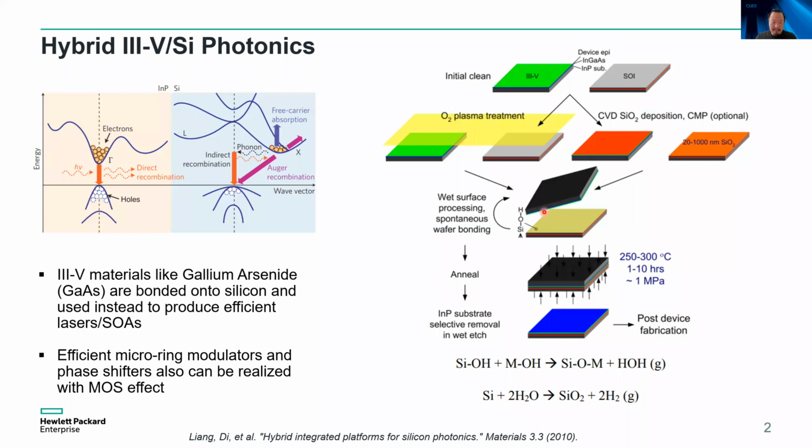That creates highly reactive OH bonds, and then you place the two wafers together. You do thermal compression bonding anywhere from 250 to 300 degrees C. If the bonding is free of any bubbles or defects, you can remove the substrate, and what you're left with is a thin film of active layer, or indium phosphide.